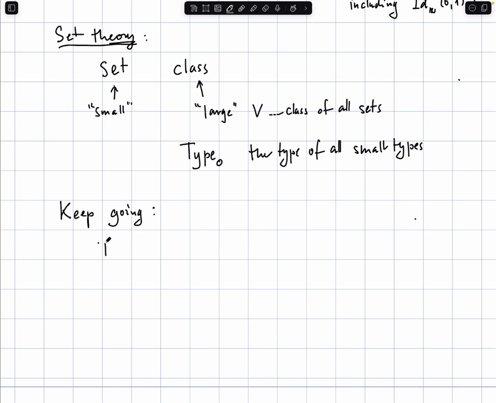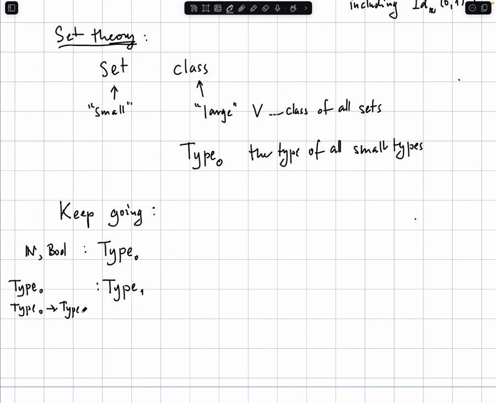So we're going to have type 0, which is sort of the first level universe, which contains small things. So this one contains things like natural numbers and booleans. These things will be in type 0. But then there will be type 1. And type 1 will contain things like type 0 or functions from type 0 to type 0.